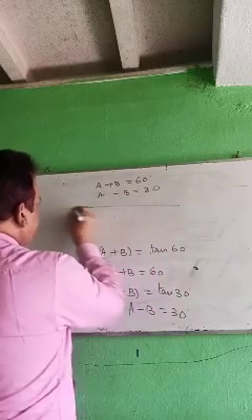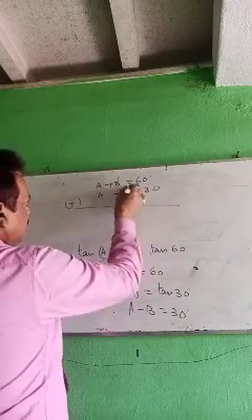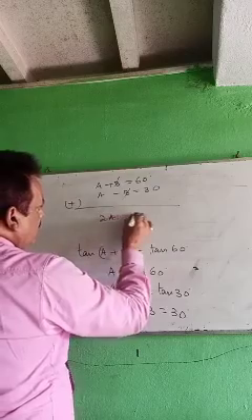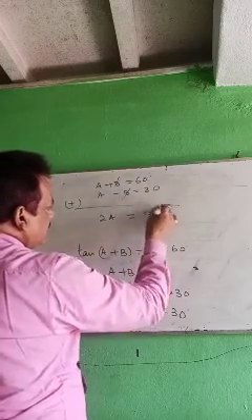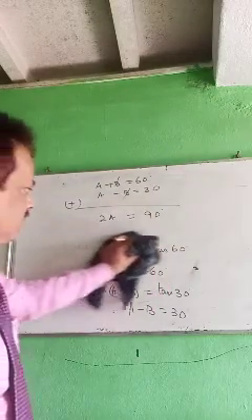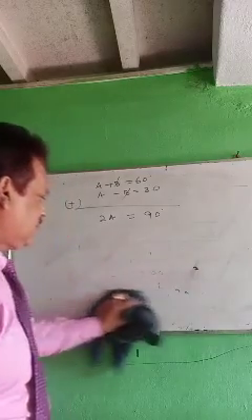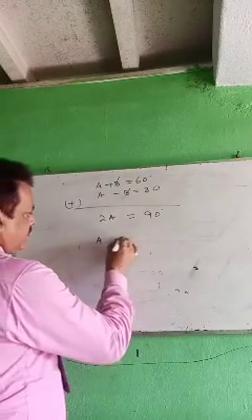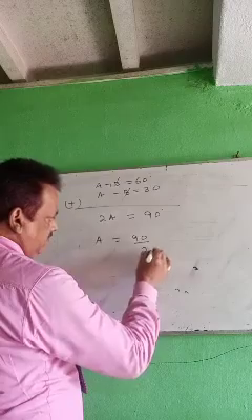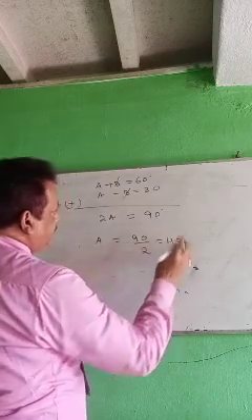Do the addition. B cancelled. 2A equals 90. A equals 90 by 2, 45 degree.